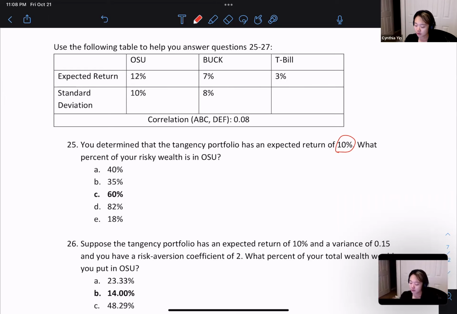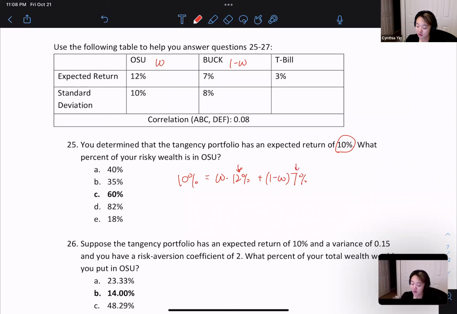Your tangent portfolio is divided between OSU and BUCK. Let's say you invest W into OSU and 1 minus W into BUCK. Your expected return is 10%. It equals W times 12%, which is the expected return of OSU, plus 1 minus W times 7%.